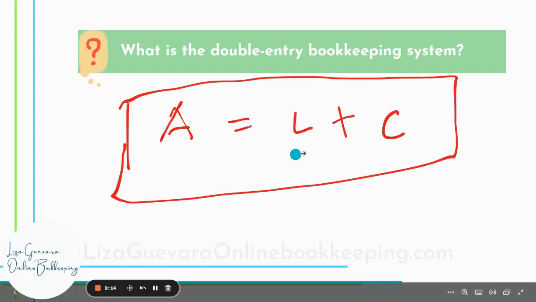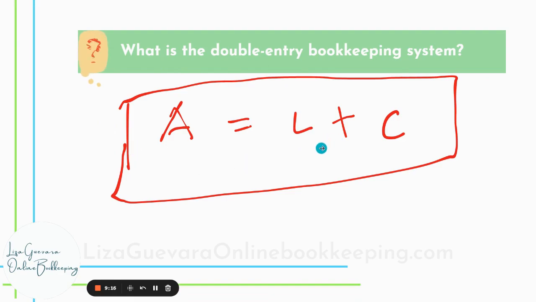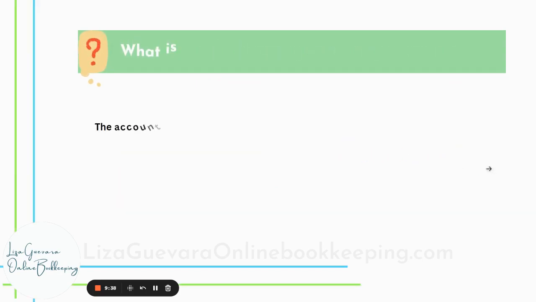So our accounting equation is assets equals liabilities plus capital. This portion and this portion must always be equal. So for example, this one is 100,000. This part, the combination of liabilities and capital, must also be 100,000.